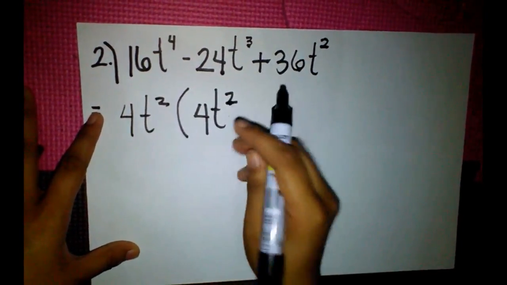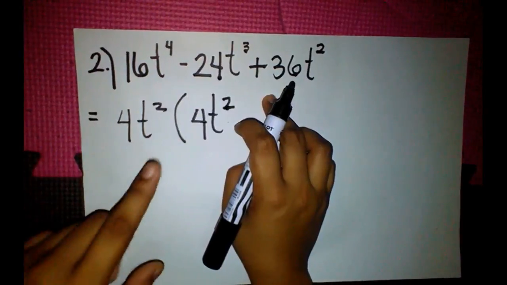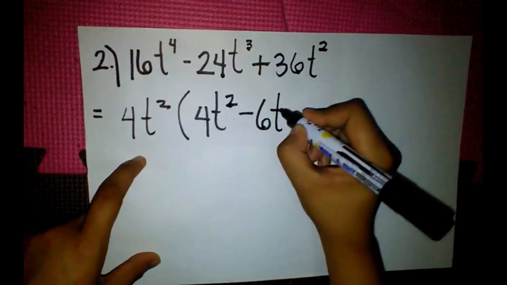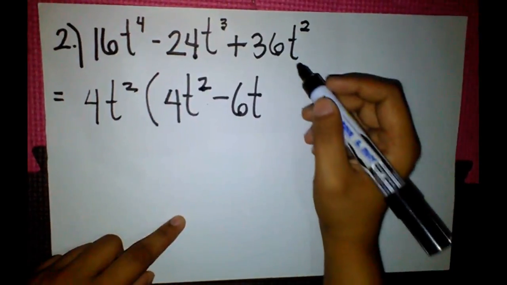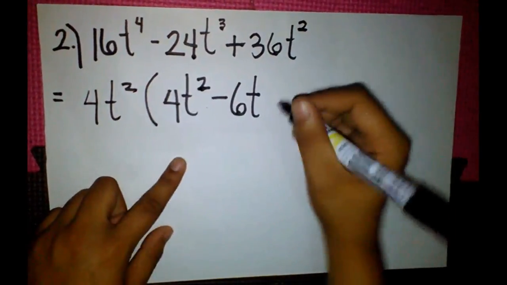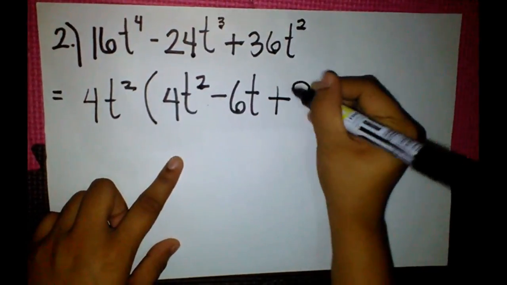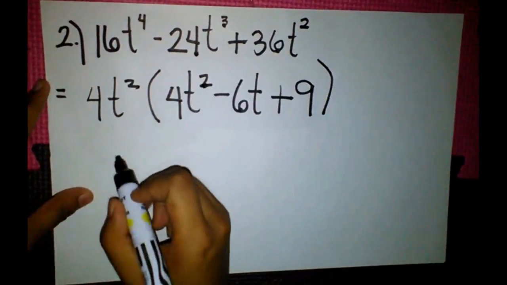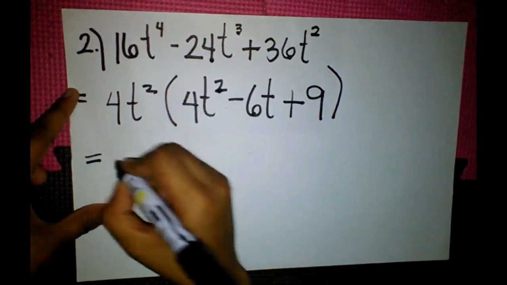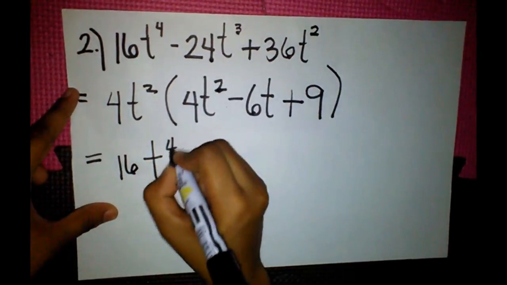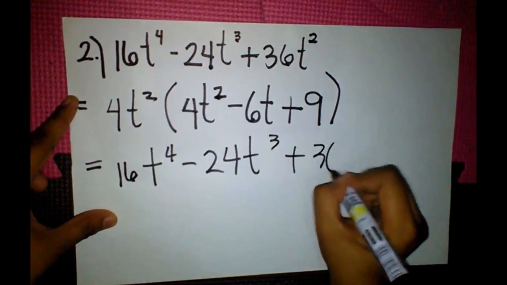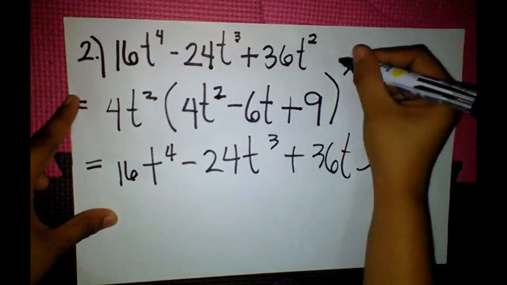So negative 24t cubed divided by 4t squared is negative 6t. And so 36t squared divided by 4t squared is positive 9. So if we multiply this, we can get this, which is equal to this.